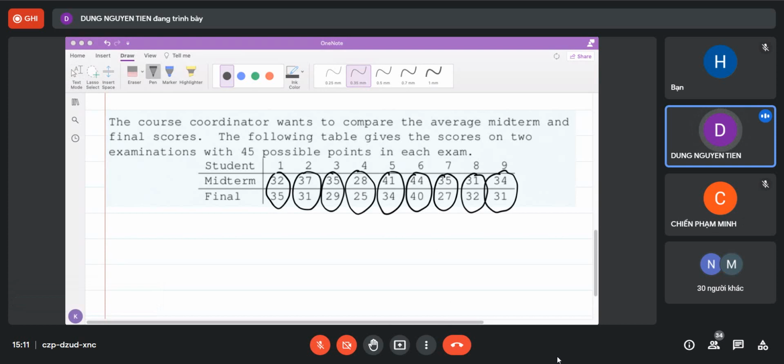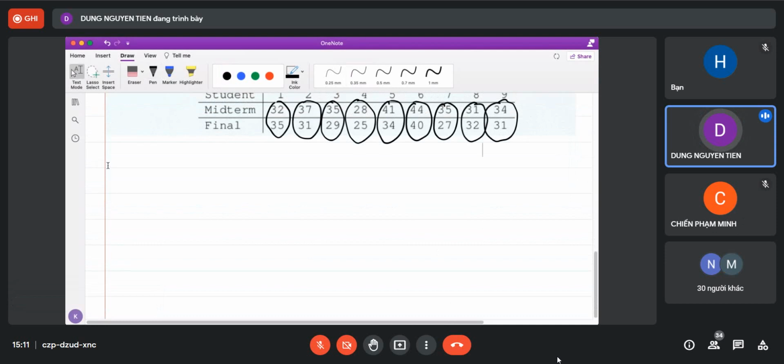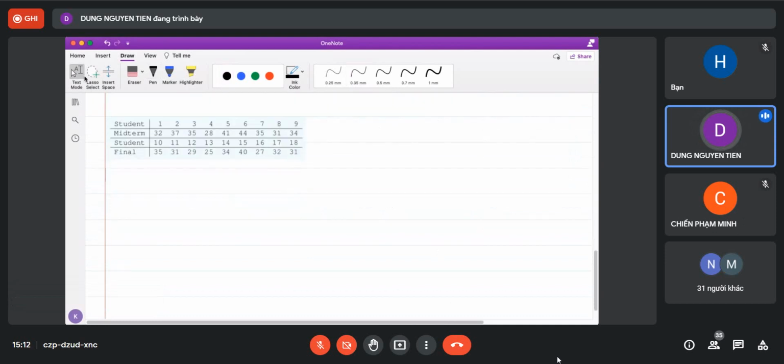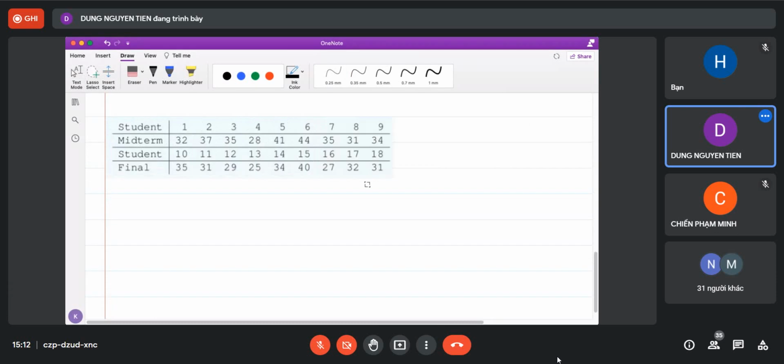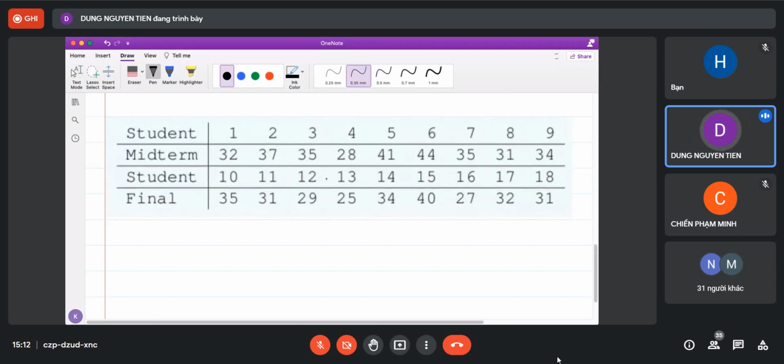However, if you select randomly 18 students like this one, so you get 18 students, and for each student you get his or her midterm score. For the first student you get the midterm score. For the second student you get the midterm score, and so on.